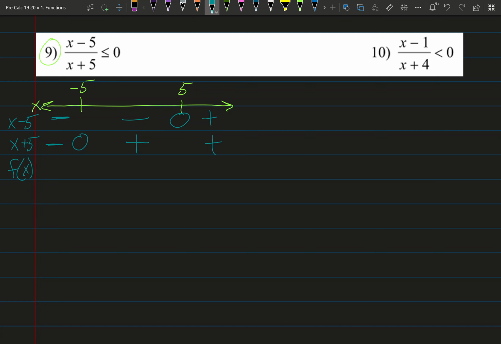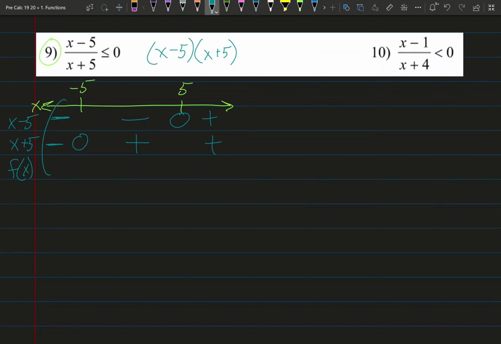Now, all of this has looked identical to a polynomial inequality. So if this had been x minus 5 multiplied by x plus 5, all of this work would be exactly the same. And the next step would be the same as well.